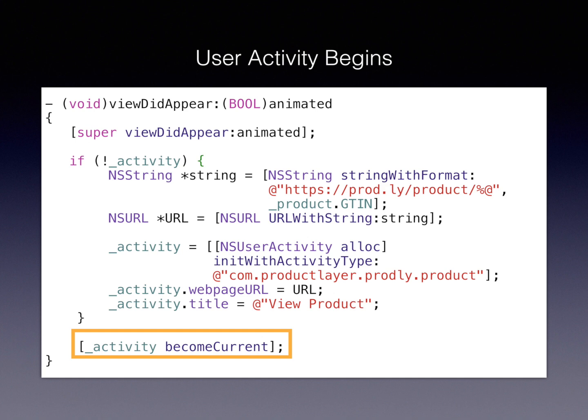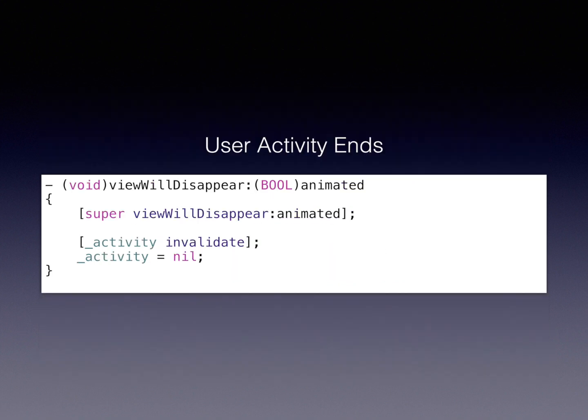This is broadcast via Bluetooth to the other devices of the user, and then you can take over this activity on the other device. When the user activity ends, in this case, I just invalidate the activity and set it to nil. This causes the handoff icon to disappear.